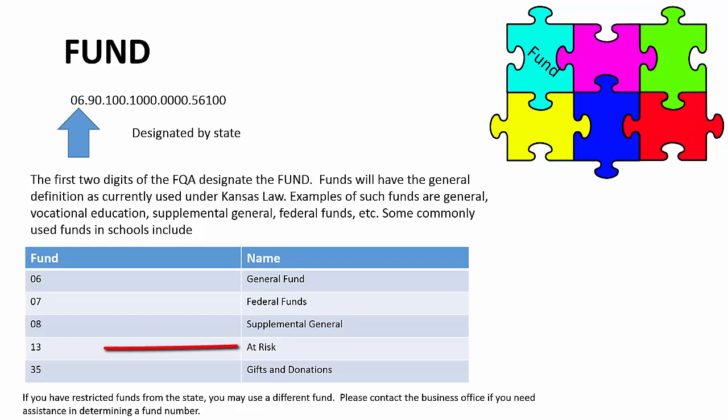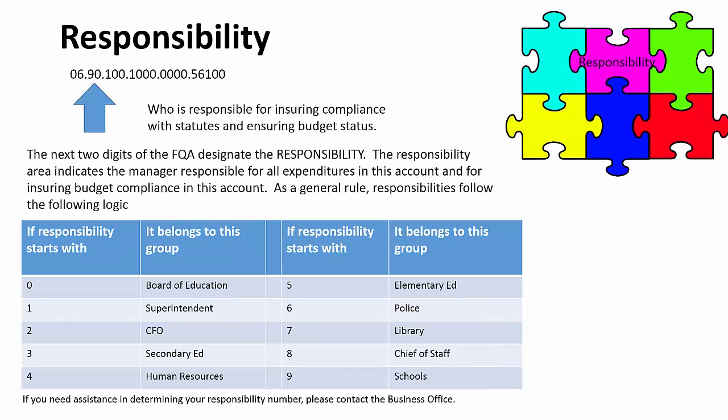The at-risk fund is Fund 13, and if you have gifts or donations, you would use Fund 35. If you have restricted funds from the state, you may use a different fund. Please contact the business office if you need assistance in determining a fund number.